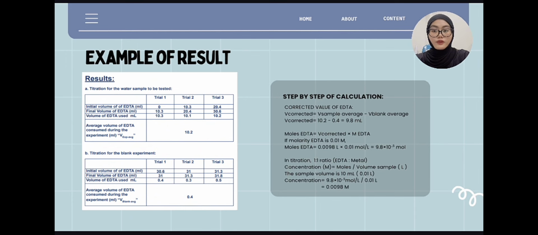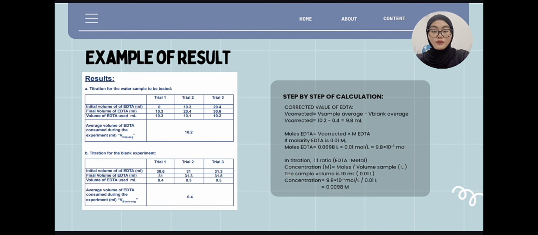The average volume of EDTA consumed for the blank was 0.4 ml. So for the step-by-step calculation, first is the corrected value of EDTA. The formula is the average of the sample volume minus the average of the blank volume. So the corrected value that we get is 10.2 minus 0.4, and the final answer is 9.8 ml.